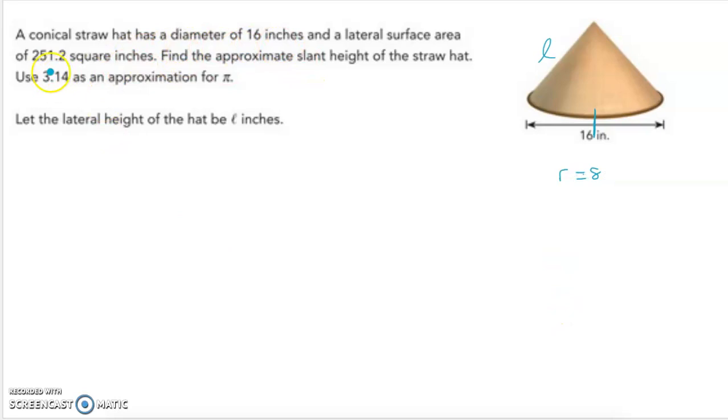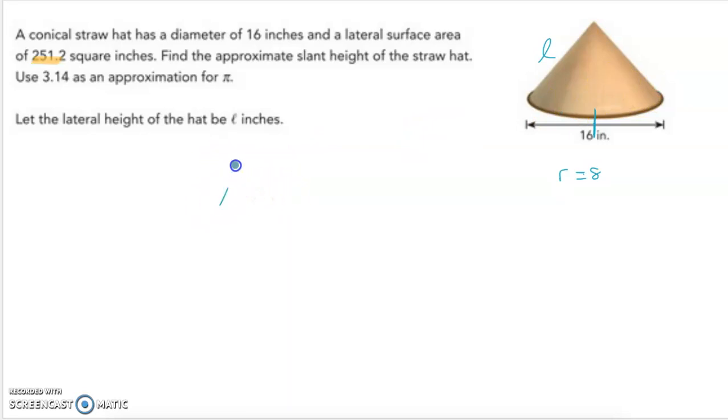So again, since they give us here the 251.2, which is the surface area of the lateral surface, we're just dealing with the lateral surface part of the formula.